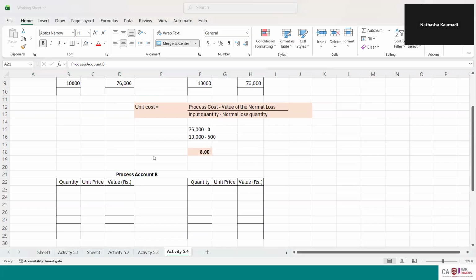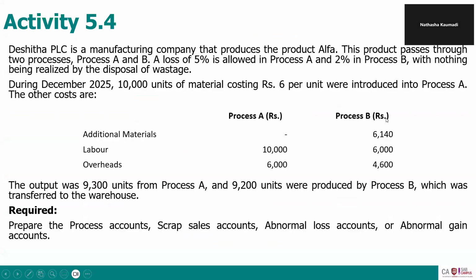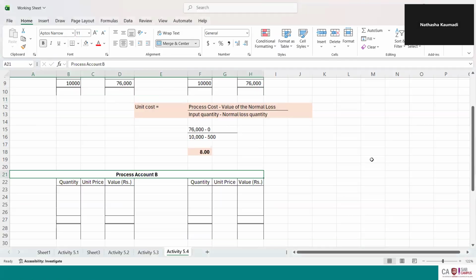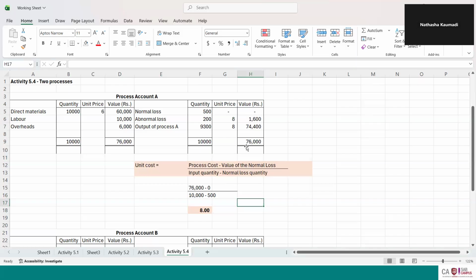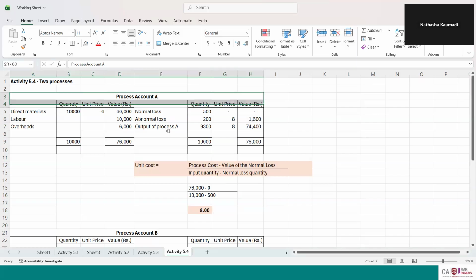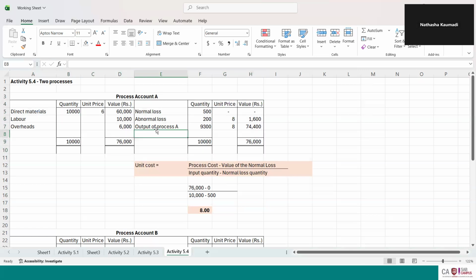Right. Now when it comes to process B, you can see some numbers are there. Additional materials, labor, overheads, everything is there. But again, very important point, when you have process A first, I told you always output of the first process becomes this one.